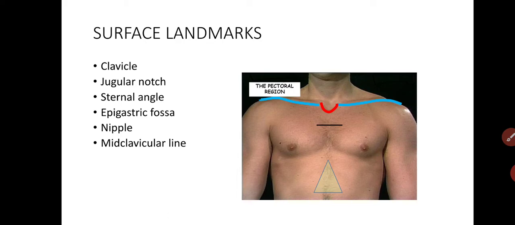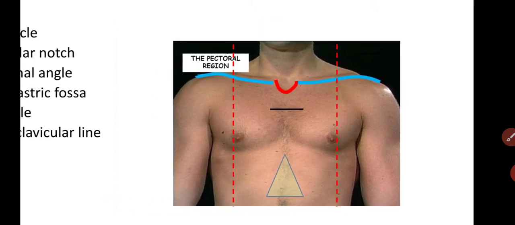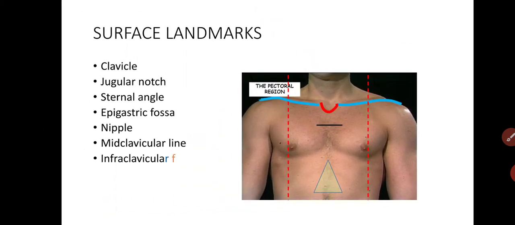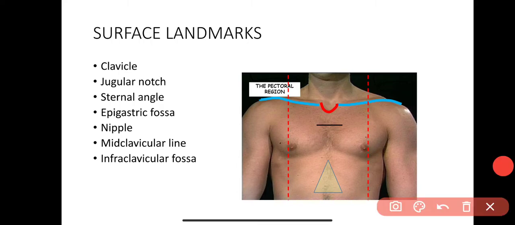So what is the midclavicular line? There are two imaginary vertical lines that pass through the center of the clavicle. Infraclavicular fossa: just below the clavicle there is a depression known as the infraclavicular fossa. This one.